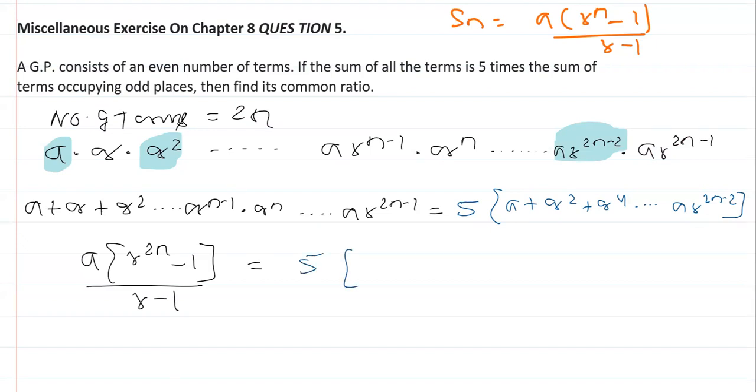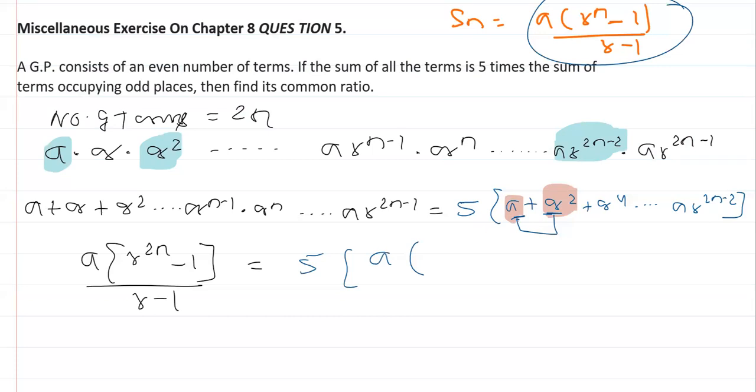Now look into this, applying the formula. a is a only, but r is not r. If you divide this term by this term to obtain the common ratio, here the common ratio is r square and not r.